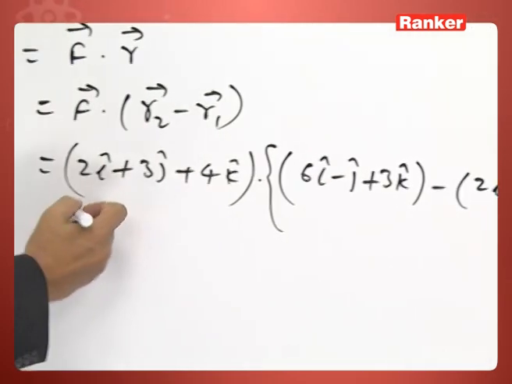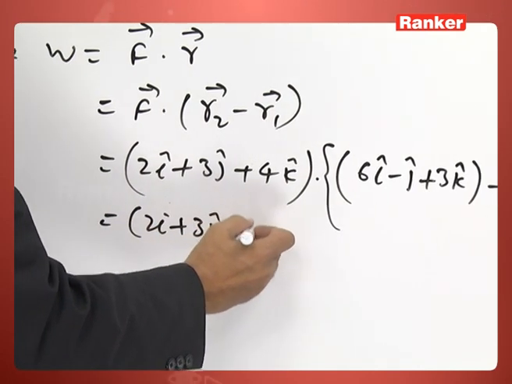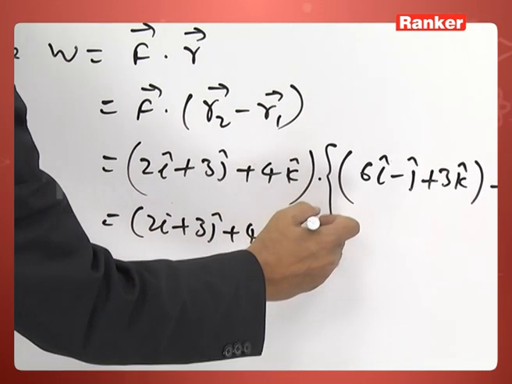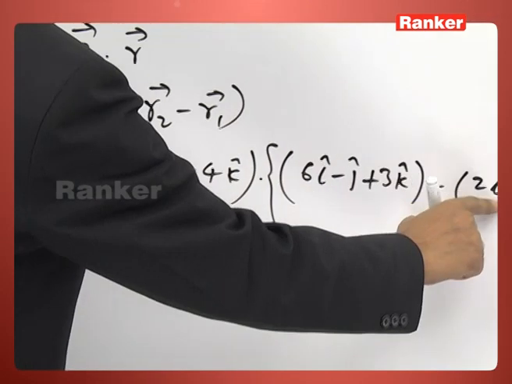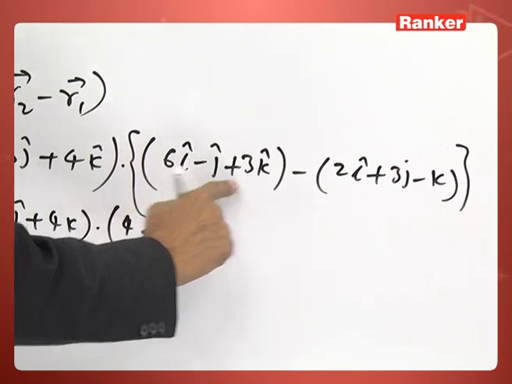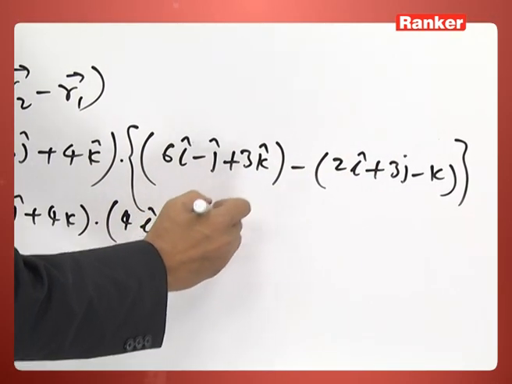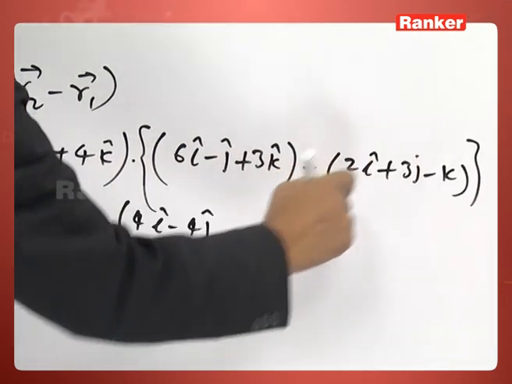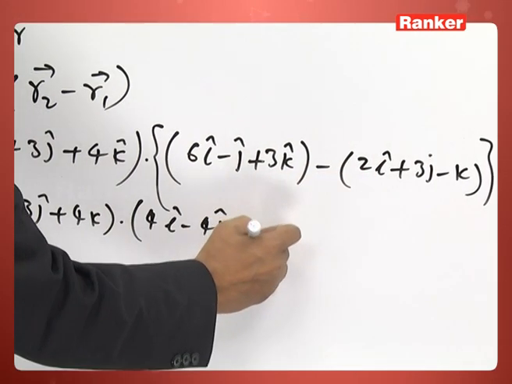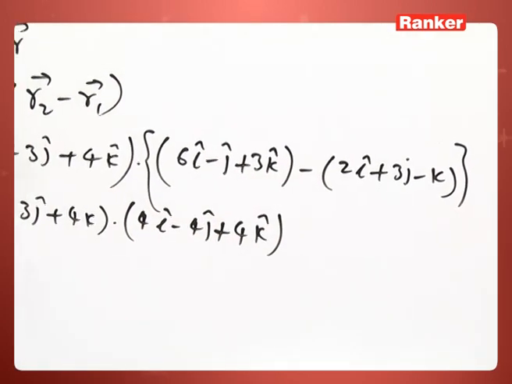Now we can simplify: 2i plus 3j plus 4k dot (6i minus 2i) is 4i, (minus j minus 3j) is minus 4j, and (3k plus k) is 4k cap. Now, do the dot product.